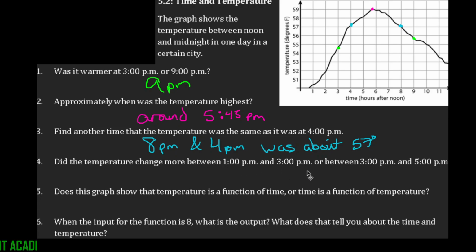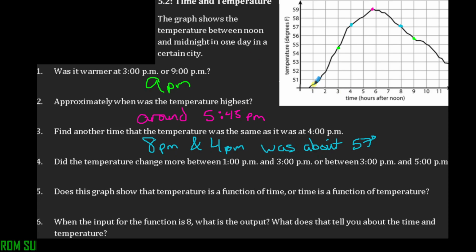Then for number 4, it says, did the temperature change more between 1 p.m. and 3 p.m. or did it change more between 3 p.m. and 5 p.m.? Well, if we look on our graph, we're talking about the segment from 1 to 3, this segment right here. So let me actually highlight that real quick.